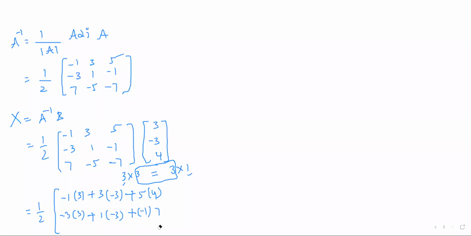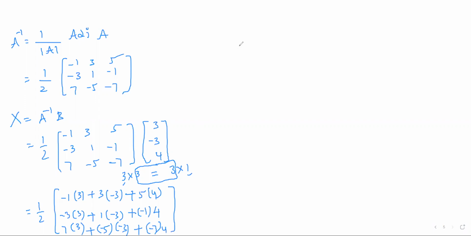And next finally third row first column: 7 into 3 plus minus 5 into minus 3 plus minus 7 into 4.